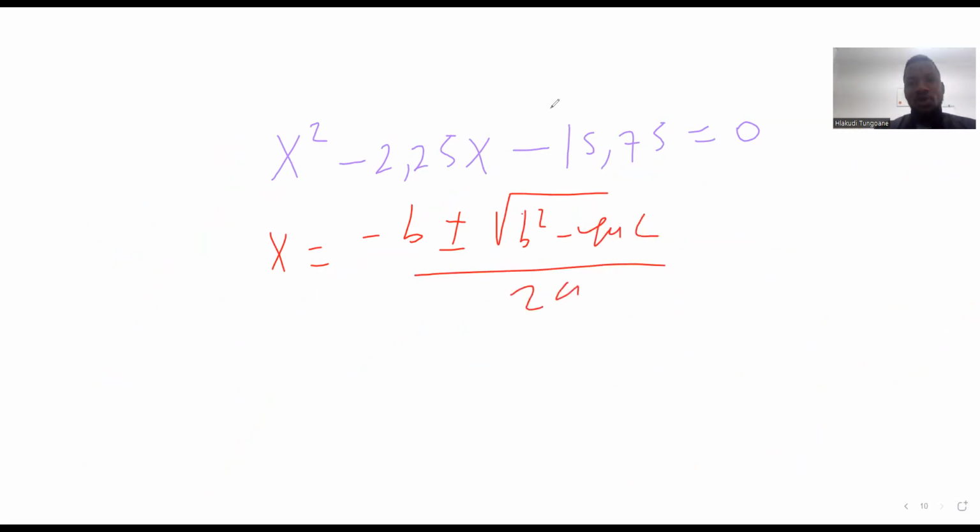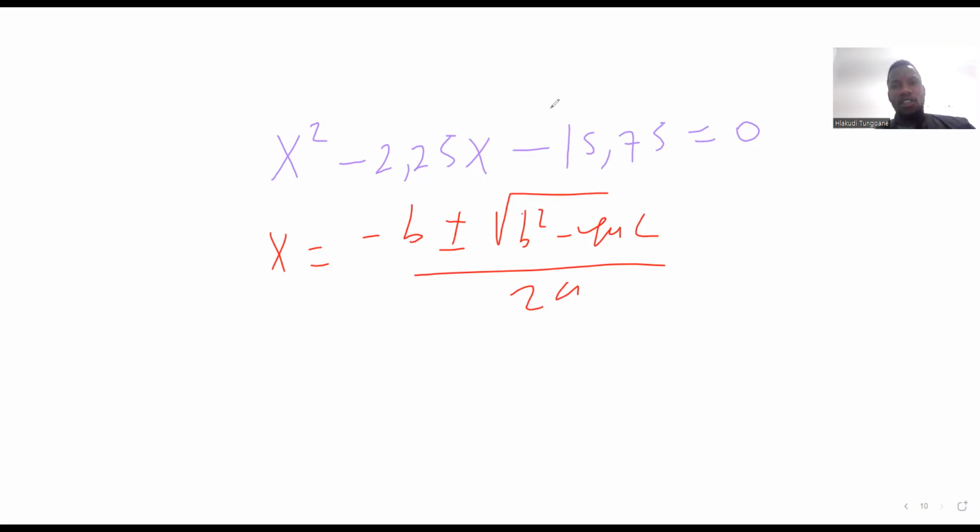You can just substitute this into the quadratic formula, and you're going to get 2 x values.